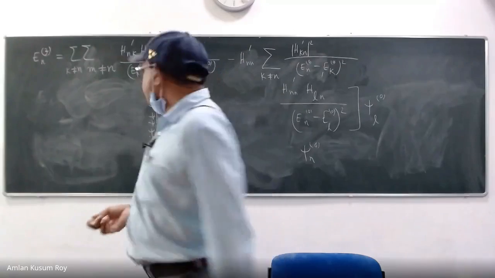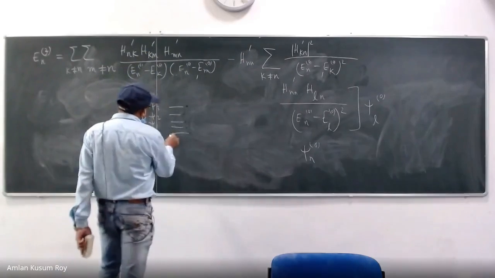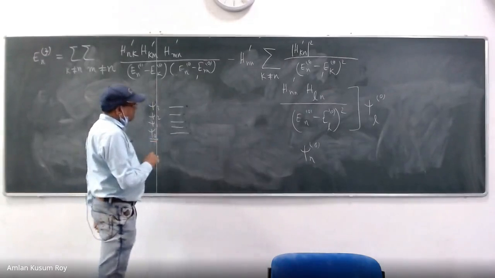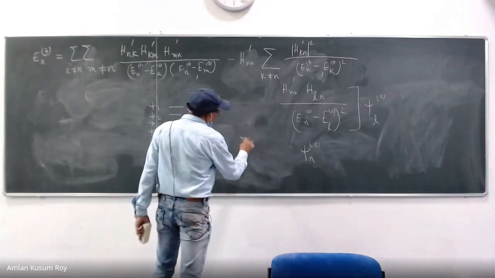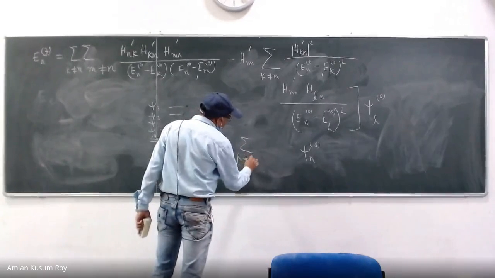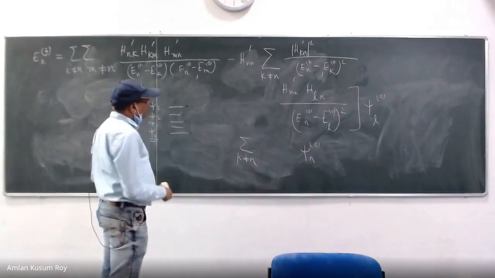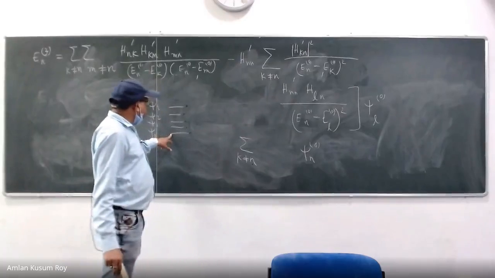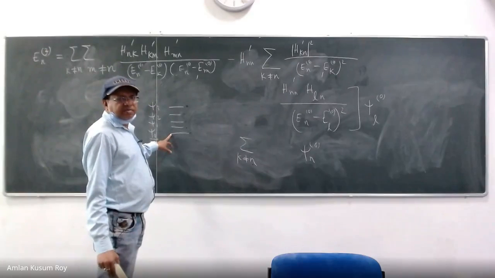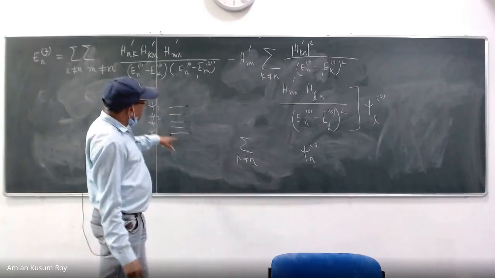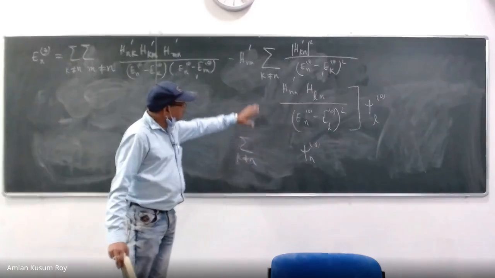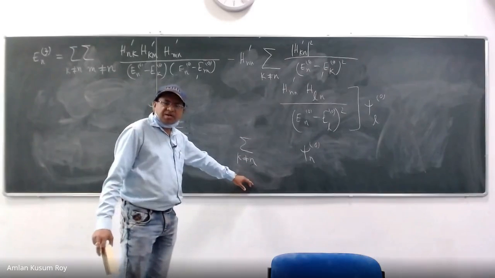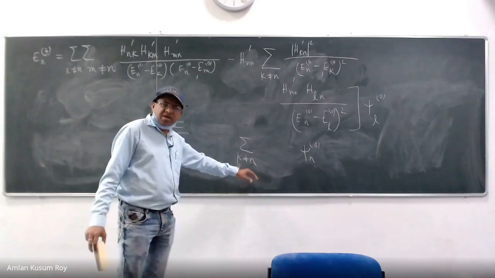So if I am applying the perturbation theory to the ground state, then in the expression, k not equals to n means what? n is the state on which you are applying the perturbation theory, which is the ground state. So my k not equal to n is the expression in the summation. In first order it is this, in second order also.